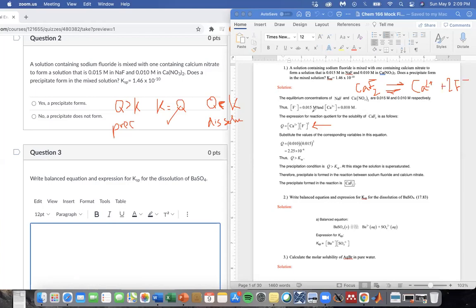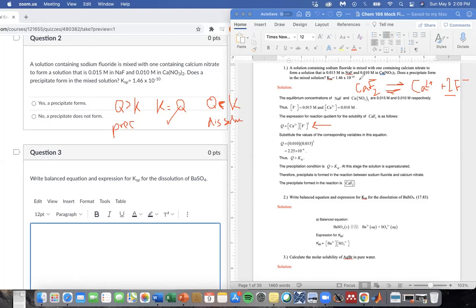When you write your Q expression for your KSP, you have to make sure that you're squaring that F value because you have a coefficient of 2 in there. Then you plug it into your Q equation, and you'll get a value of 2.25 times 10 to the negative 6.